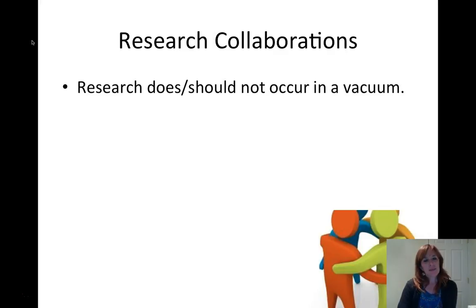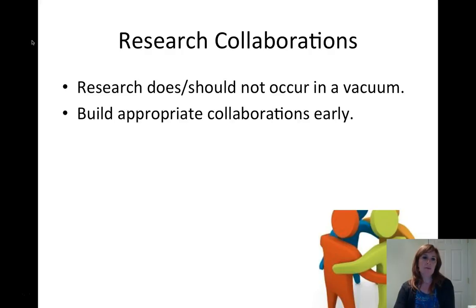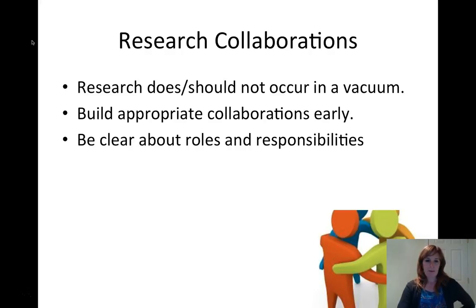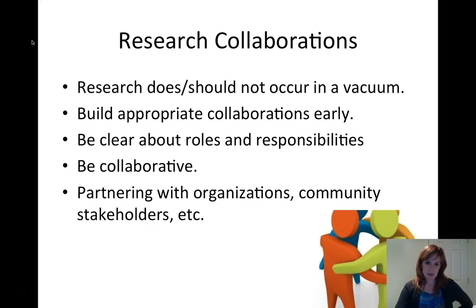So I'll say a little something about research collaborations. I think we often think about research being conducted individually, but research doesn't and shouldn't occur in a vacuum. I think it's really important to collaborate with people who are not necessarily exactly in your discipline. It's always good to be clear about the roles and responsibilities that everybody will have, and to be collaborative.